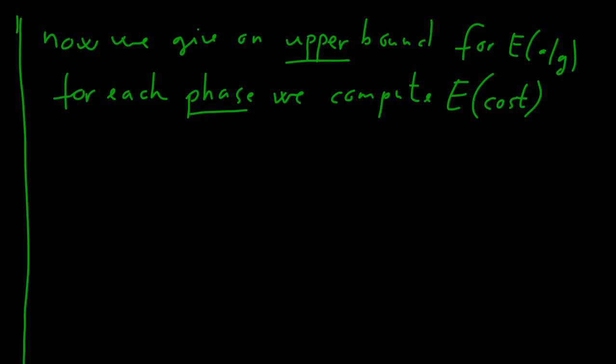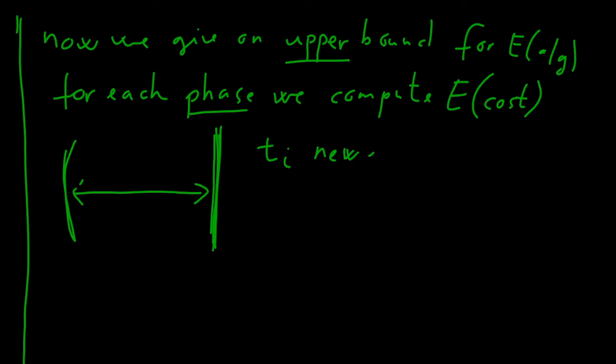Now again, I'm just zooming in. Okay, so for the first phase, I will just spend k, but that's the optimum. In all the other phases, there is the beginning of the phase, and there are t_i new elements, and of course k minus t_i cached elements, because in the beginning they are cached.